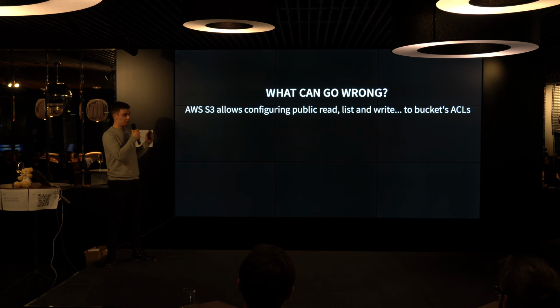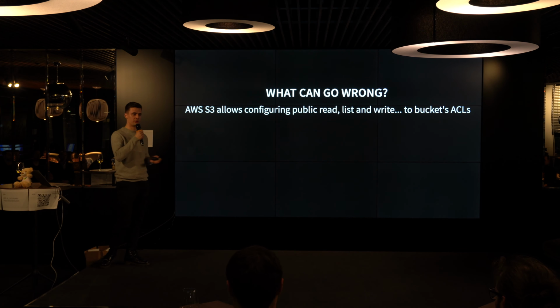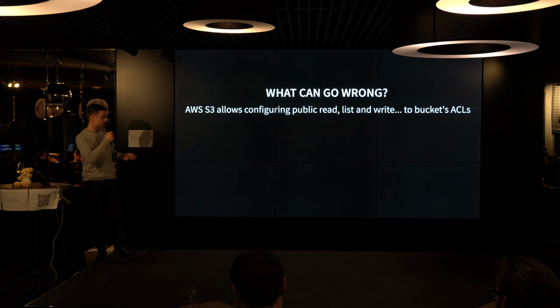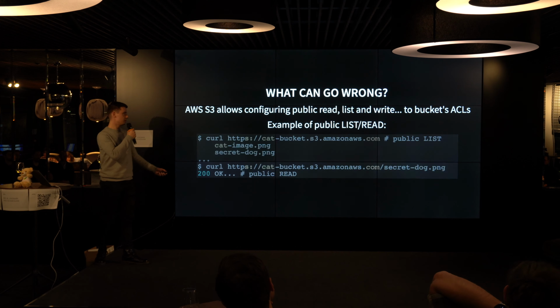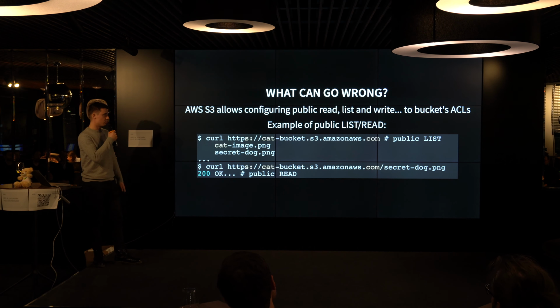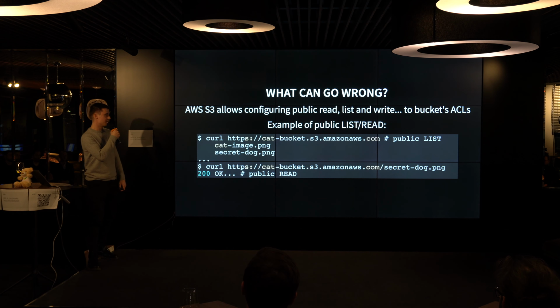So AWS gives you quite some responsibility. Defaults are safe. Defaults are no public write, no public read, but defaults can very easily go wrong if you give people the power to do so. Just to give you an example, how does it look, or actually through the HTTP API? You can just curl the bucket.